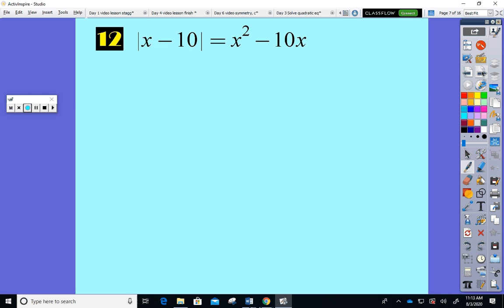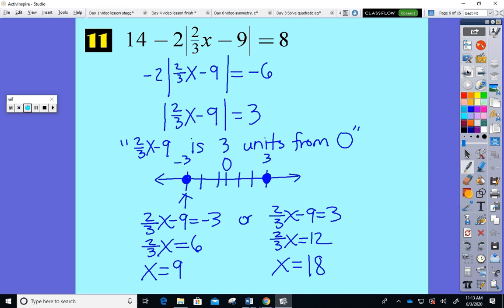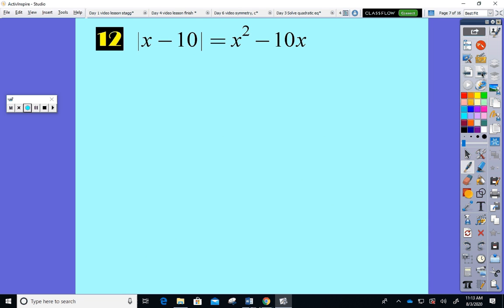So on this, I'm going to do the same kind of thing. Think about it on this. Once I got the chunk isolated, then I said the inside portion equaled 3 and the negative of 3. So I'm going to do the same thing here. I've got the chunk isolated on this side by itself.